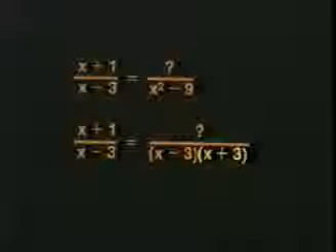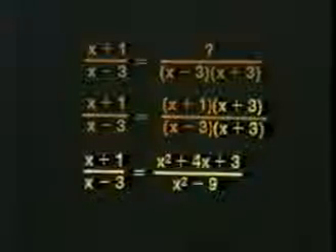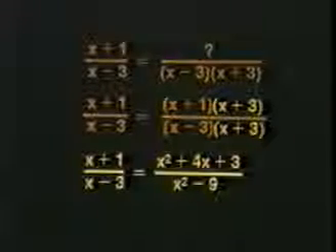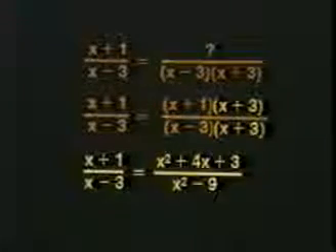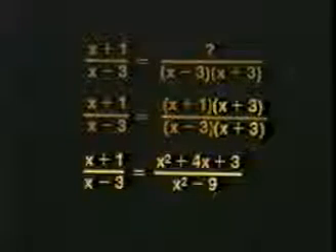When I factor the new denominator, I find that the old denominator has been multiplied by x plus 3, which tells me that I have to do the same thing to the numerator. I multiply it out using FOIL to get my final answer.